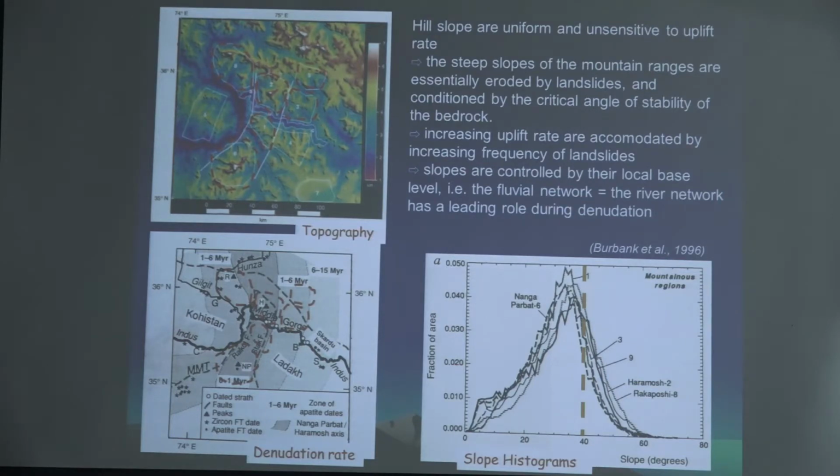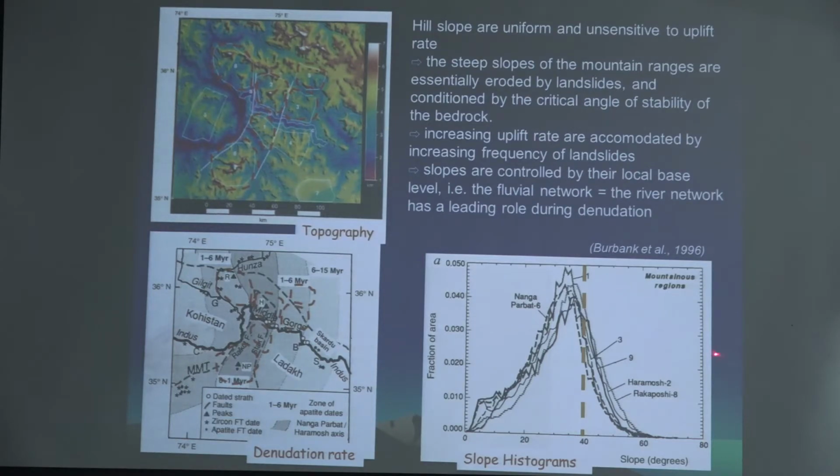And in fact, looking at the histogram of the slope of these different regions, it was observed that all these regions have exactly the same histogram, with a maximum value between 40 and 60 degrees.